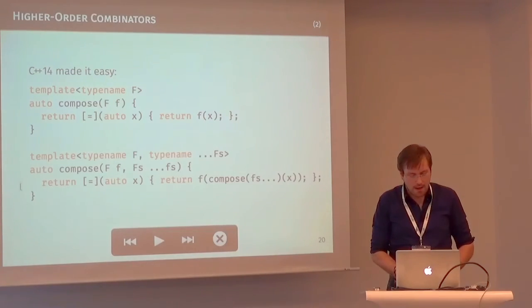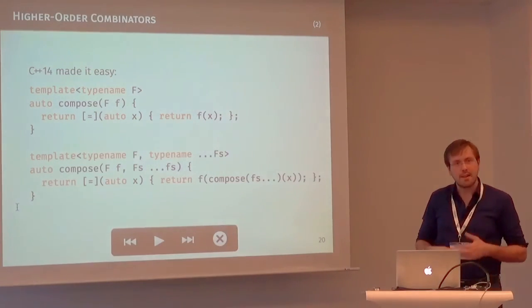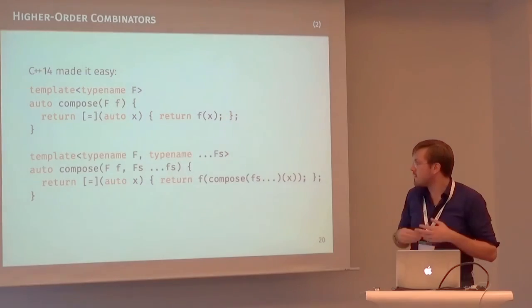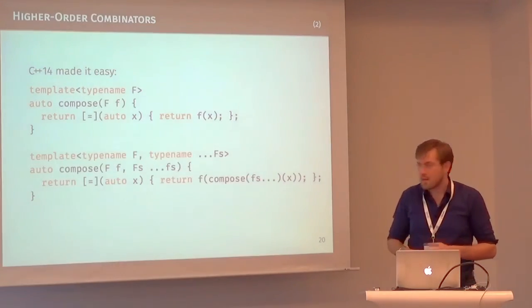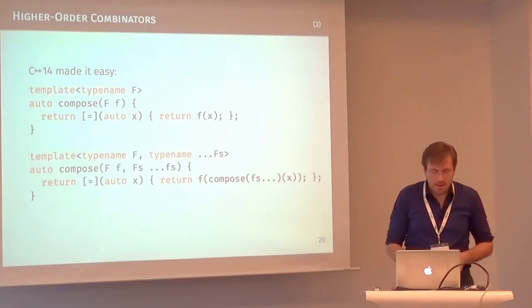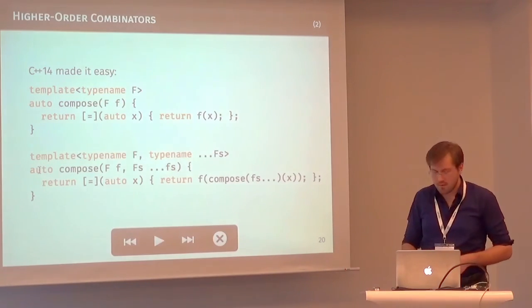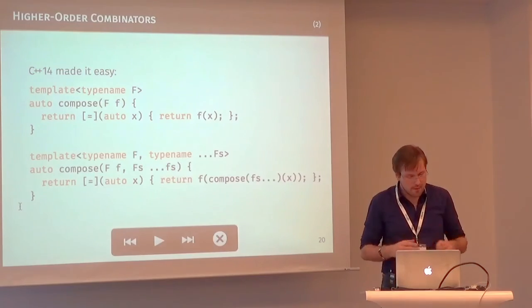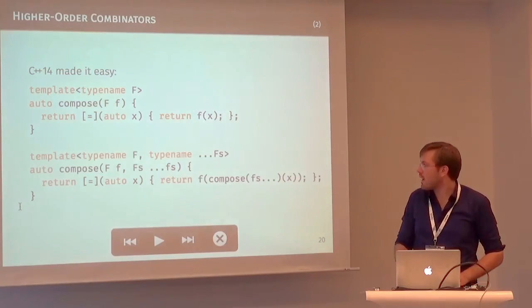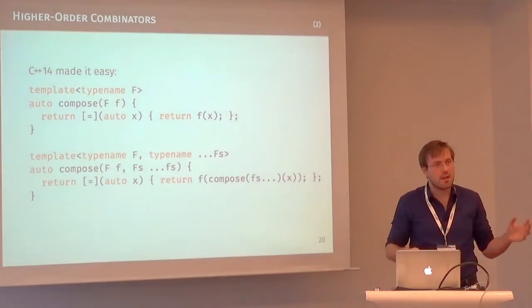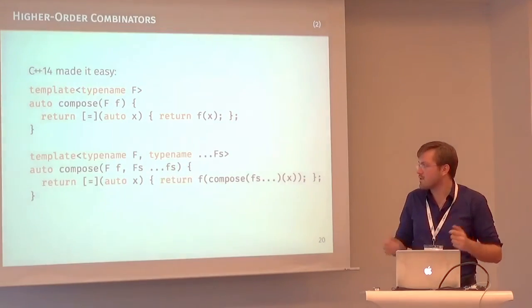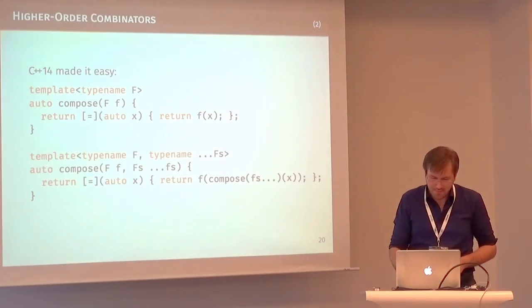So we had to rely on explicitly declaring a class to create these function objects, and the code would be more involved. In C++14, we can just say auto, and that's all. Okay, so we really have higher order functions. Okay, a function that returns another function and takes other functions as inputs.